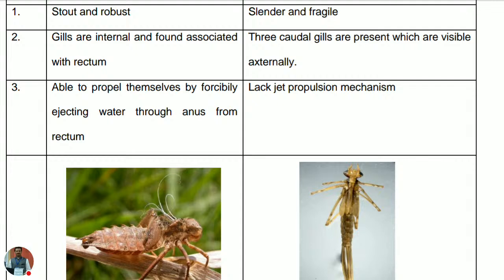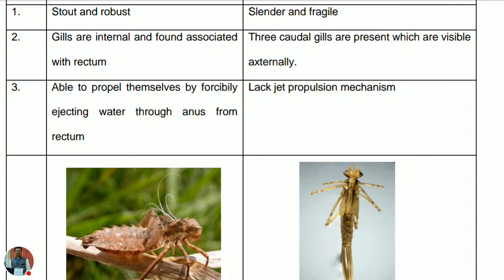And the damselflies do not have such a propulsion mechanism. Propulsion means, as you can see in case of rockets, there is some pushing away, the engines are there and they propel themselves by ignition, or you may say by fuel.